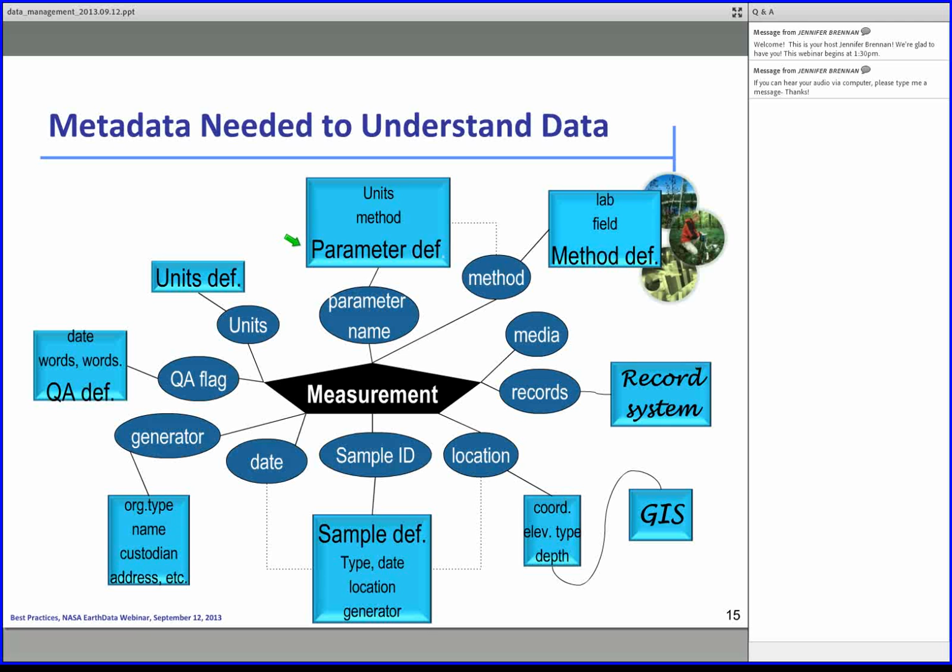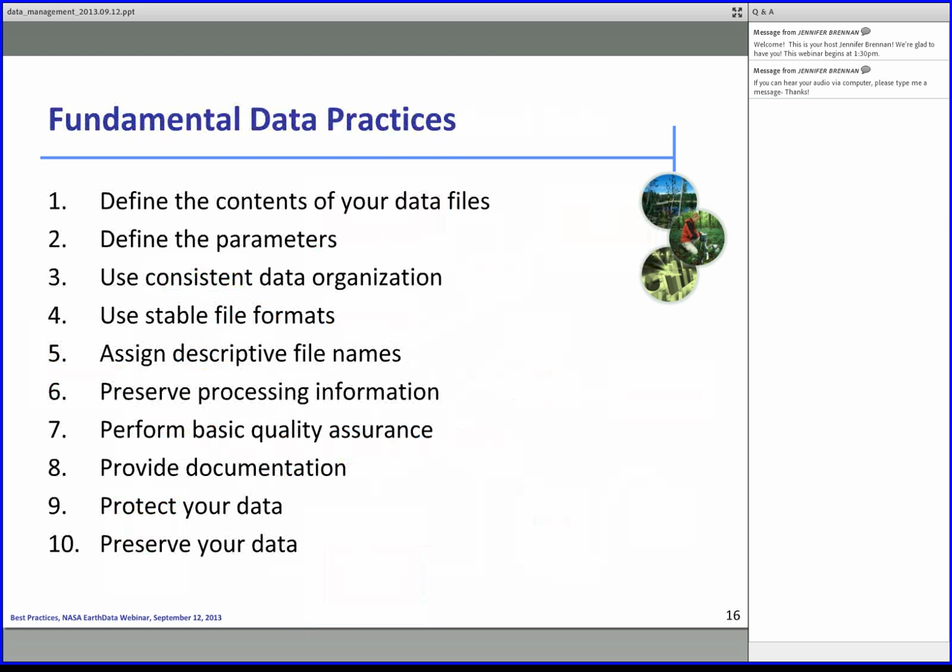You need a really good definition of the parameter and the units, and information about the quality assurance tests that were made. All of this metadata is very important. It looks like it might be difficult to compile, but I think everyone knows in their studies, they know all this information. And what we need to do is just compile that in a way so that others can find and understand the information that you know.